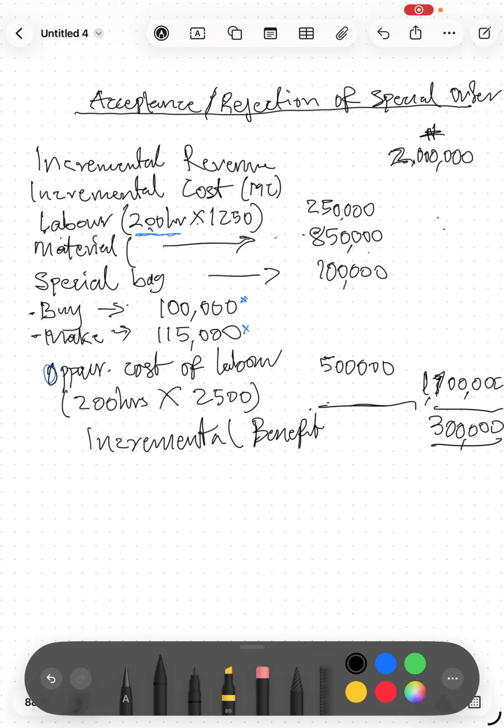So the examiner also, remember, asked us that we should also consider other factors that we feel we should consider for this contract. So remember, let's put our comment first. Say the European order should be accepted.